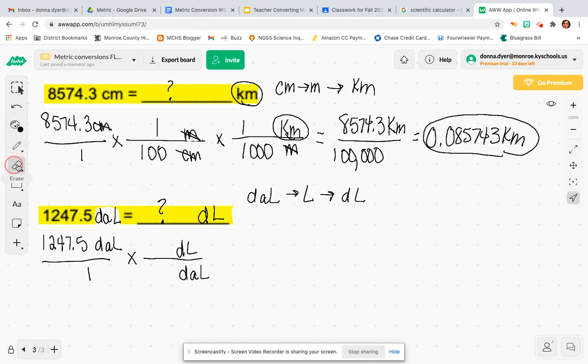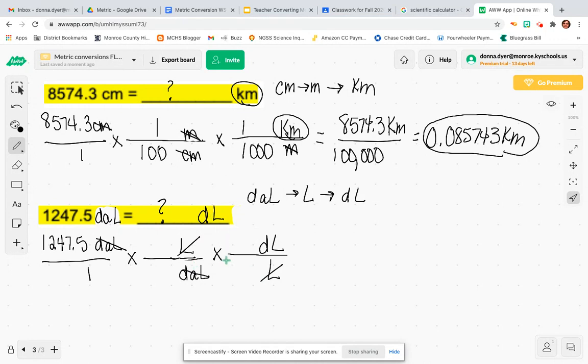I can't switch directly. I'm going to have to change from decaliter to liter first. That way my decaliter will cancel out. And then I'm going to change from liter to deciliter. So where does liter go so I can cancel it out? On the bottom. Deciliter, which is what we're solving for, goes on the top. Again, liter will cancel out.